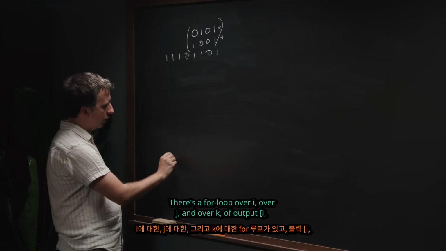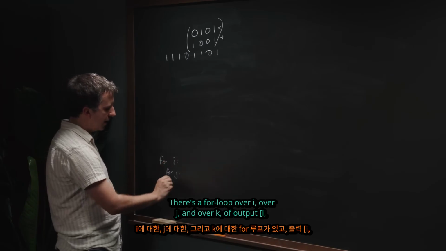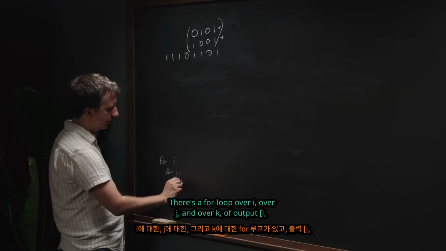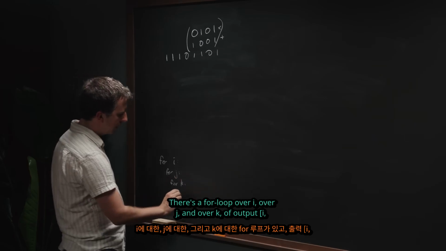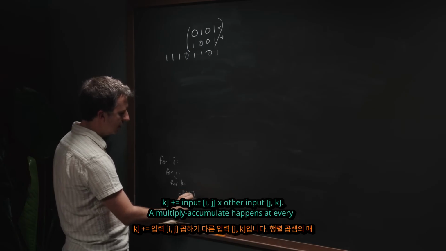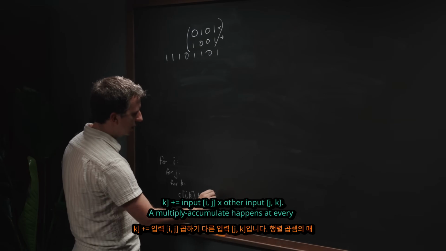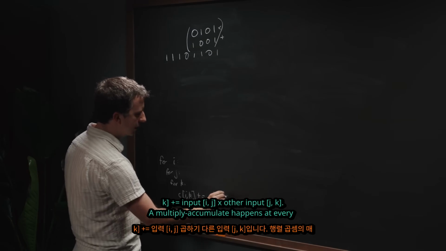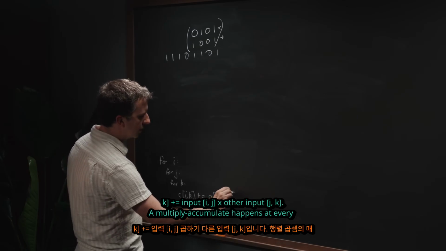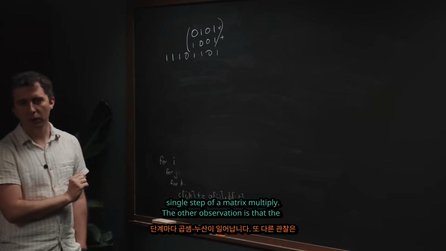There's a for loop over I and over J and over K of output I, K plus equals input I, J times other input J, K. And so multiply accumulate happens at every single step of a matrix multiply.